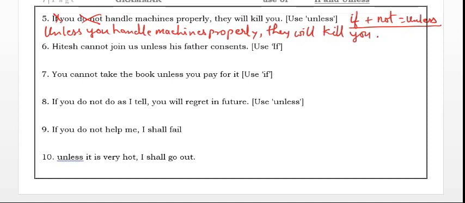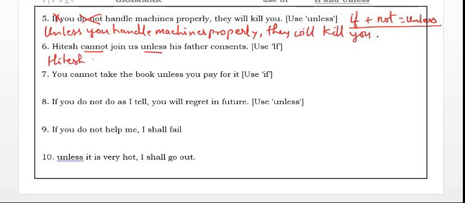Okay. Now if you see the sixth one, we have cannot, unless, but the cannot is in the first part and unless is with the second part. So Hitesh cannot join us unless his father consents. So Hitesh cannot join us if his father does not consent. Okay.